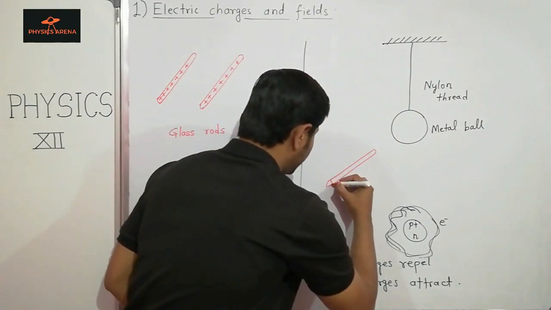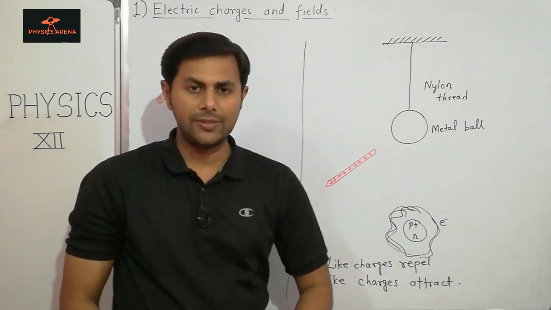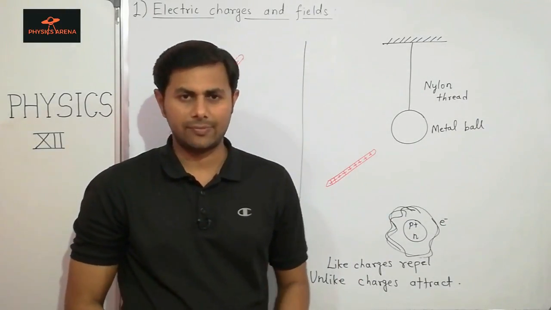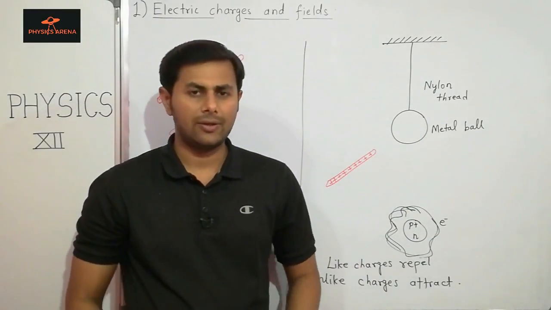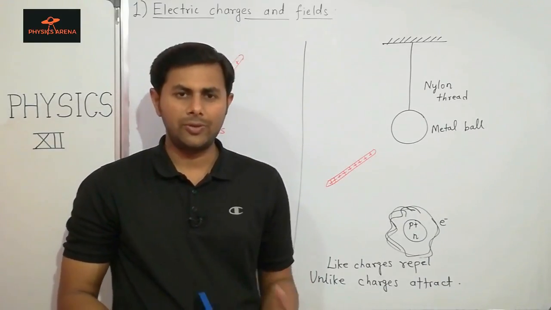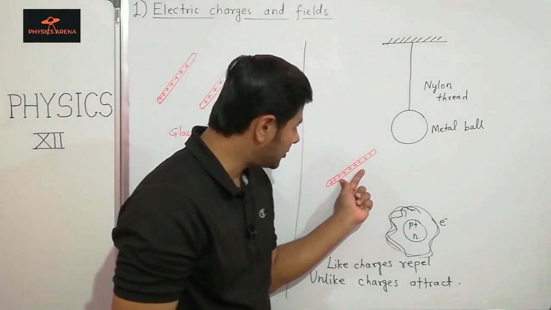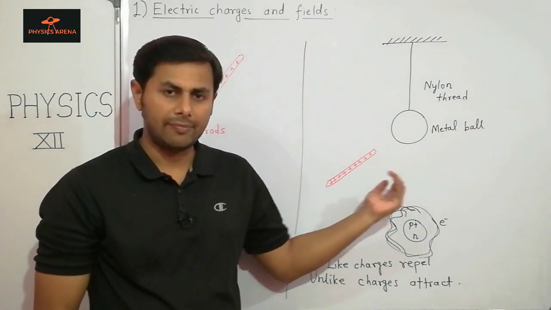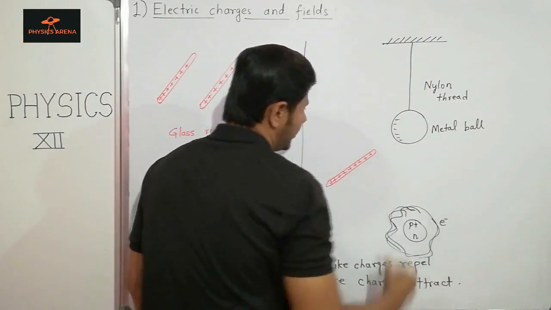Here we have this glass rod which is positively charged, but the metal ball does not have any charge. So what happens is, inside metals there are huge number of electrons, free electrons, which move in random directions. So when we bring this glass rod close to the metal ball, those electrons are attracted by the glass rod and they get accumulated on this side.